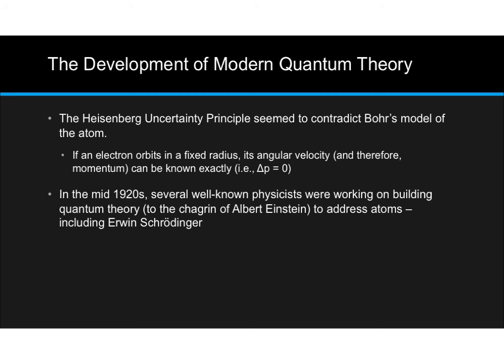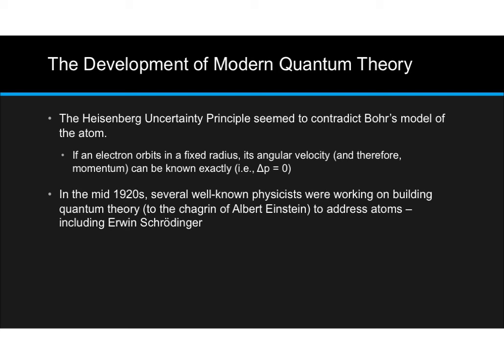This idea of Heisenberg's seems to contradict Bohr's model of the atom, because Bohr's model suggests that we can know the orbital path that an electron is on. And if we know an orbital path, we can use some tricky physics to be able to figure out its angular velocity and therefore angular momentum.